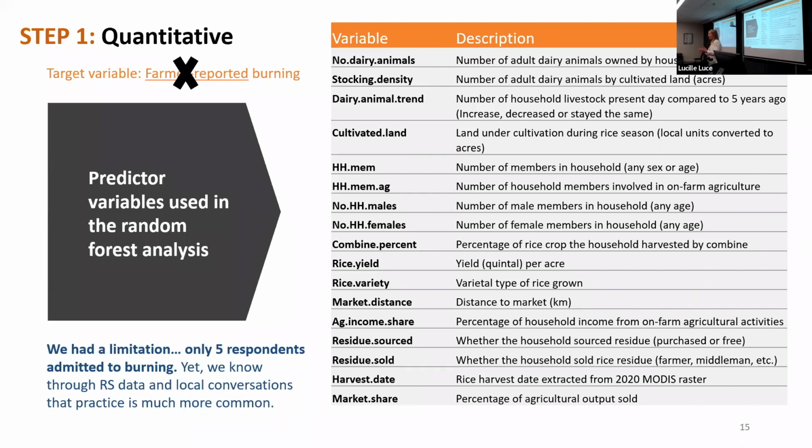The government of Bihar has made a no burn regulation, and there has been some efforts on enforcement. I'll talk about that a little bit later. But essentially, these households were nervous about admitting to burning and potentially having punitive pressure. But we know through remote sensing and, more importantly, conversations with people on the ground, that burning is quite prevalent in some of these areas.